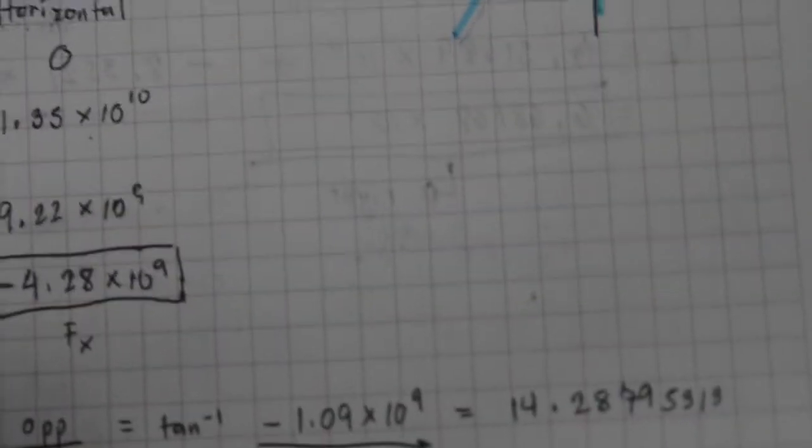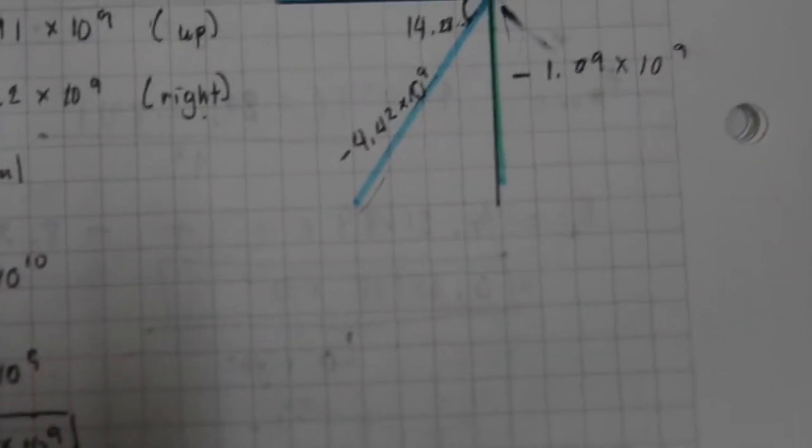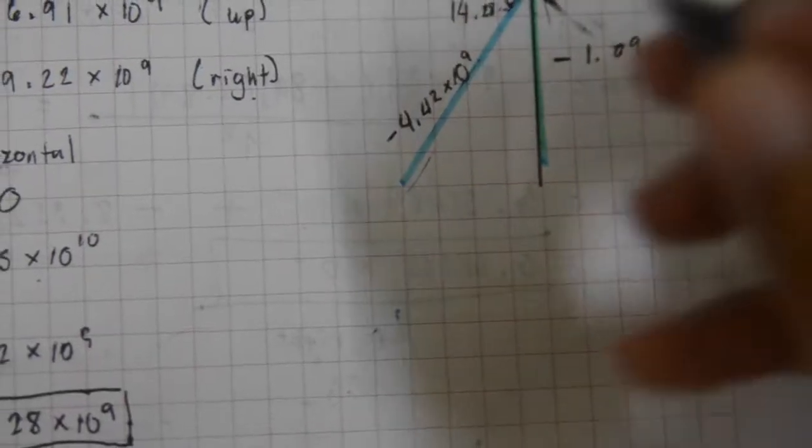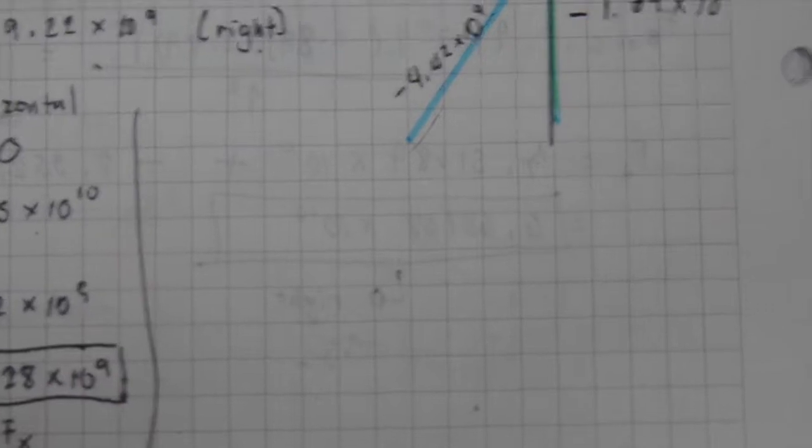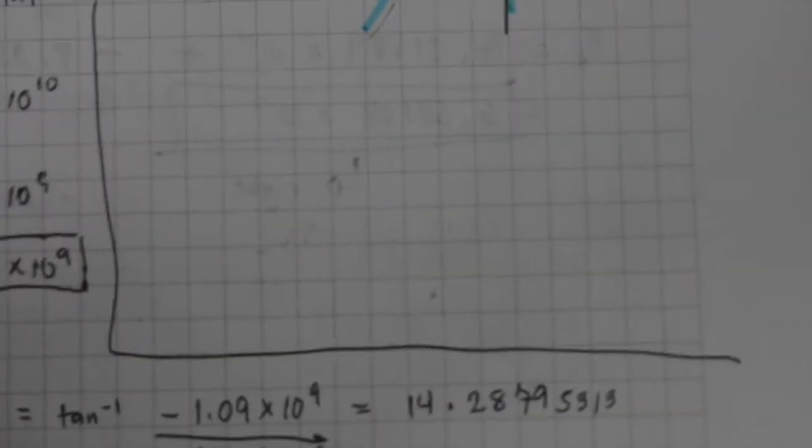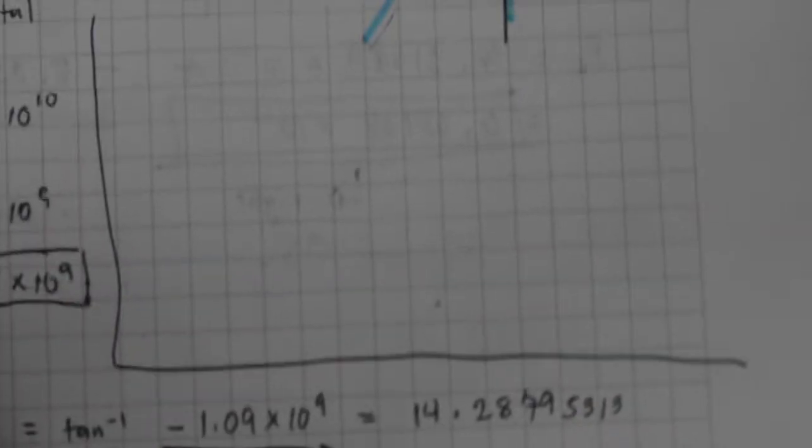If you don't want to use SOHCAHTOA for finding this value, you can also use Pythagorean. I'll just demonstrate that in case you prefer using Pythagorean, which is actually what Sir uses.